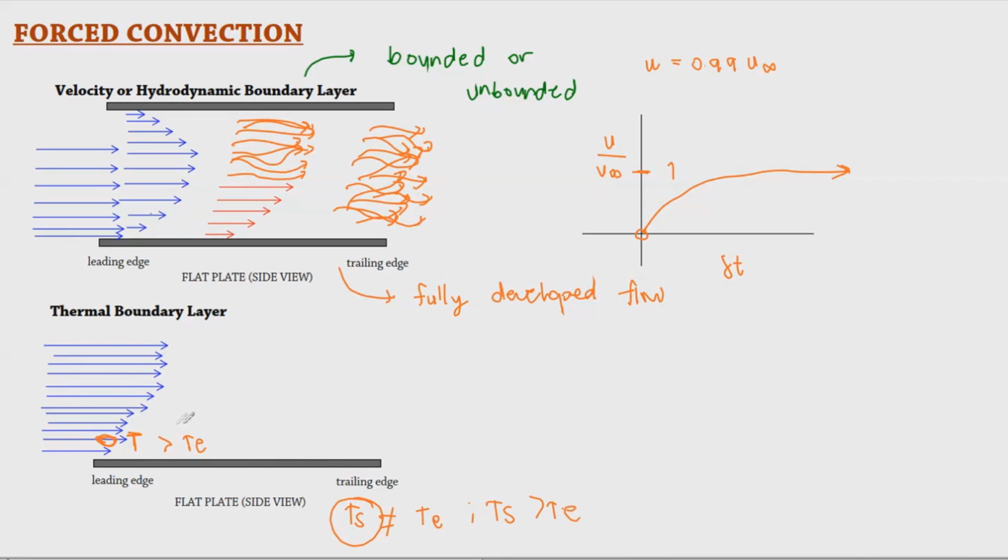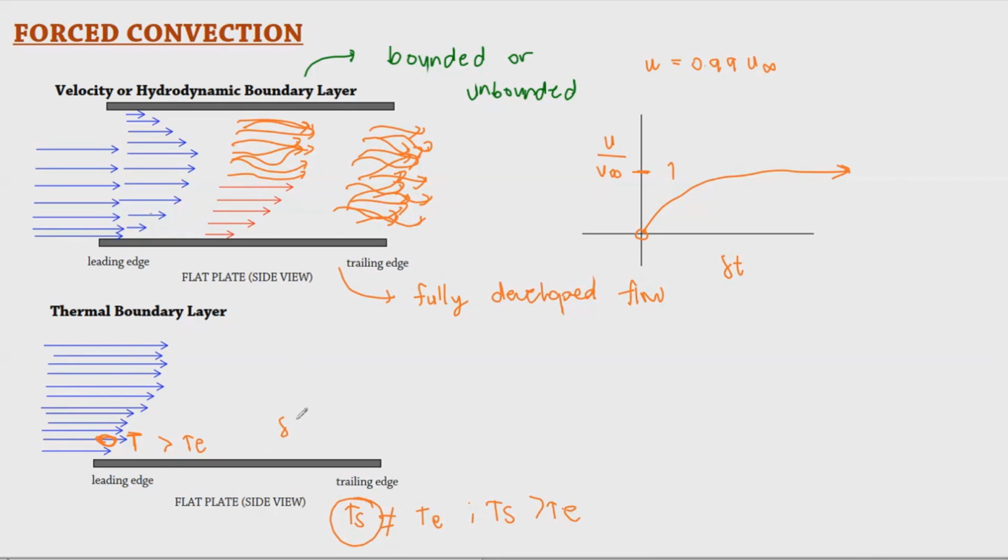As this streamline comes closer to the surface of the flat plate, which is hotter, it is logical to say that the temperature would also be greater than the free stream temperature, which is the temperature at the top layer of this fluid. So Te would be at the center line, and T would be greater than Te. That's just how it goes for our thermal boundary layer.